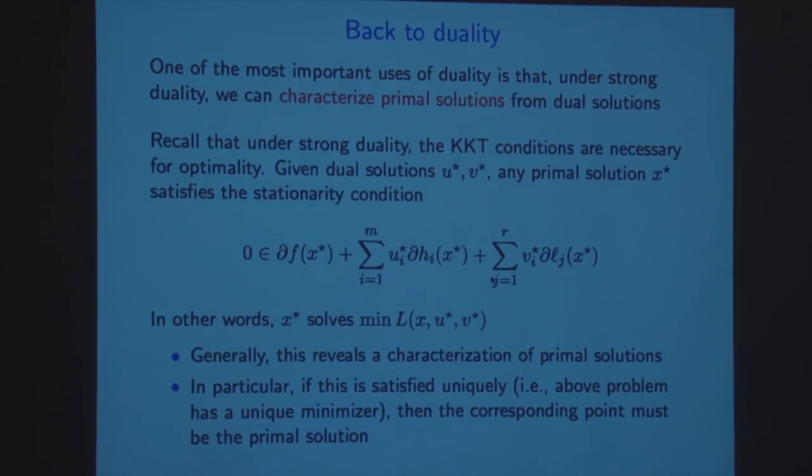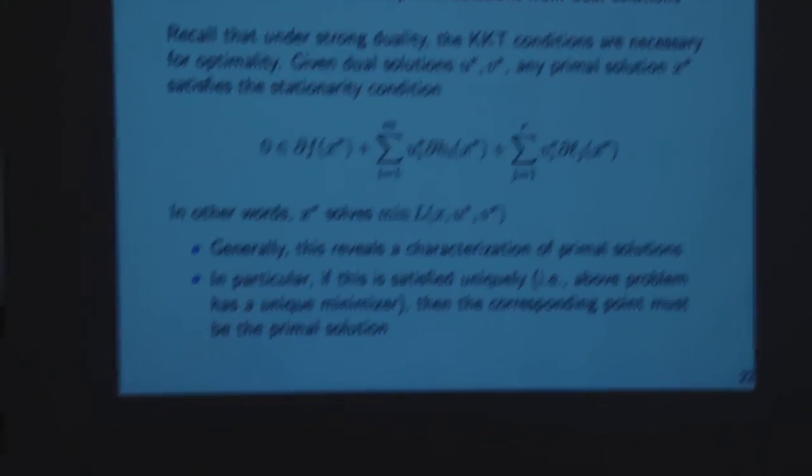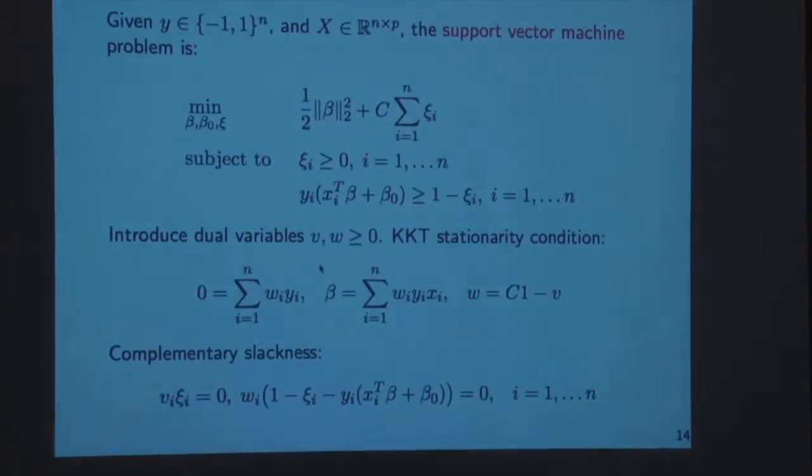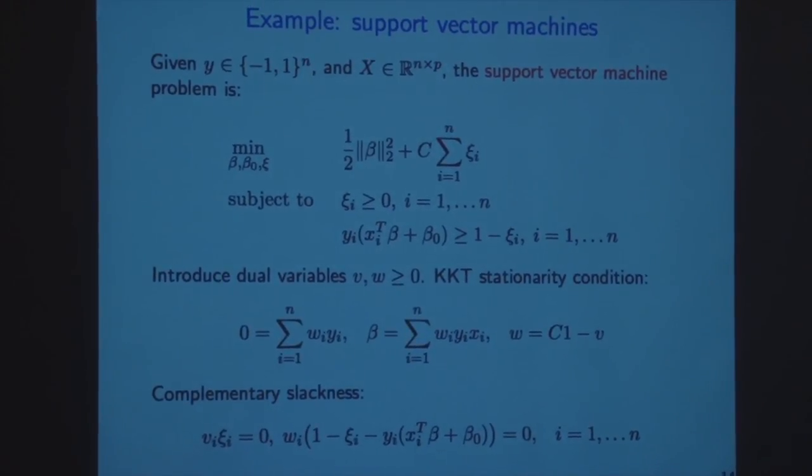If I write down the stationarity condition and I solve for it in terms of x, that is an expression for x in terms of the dual variables. So that's a determination of the primal solution as a function of the dual variables. That's exactly what happened with SVM. We wrote down the stationarity condition. We rearranged it to get an expression for beta. This is a determination of the primal solution beta as a function of the dual solution W.